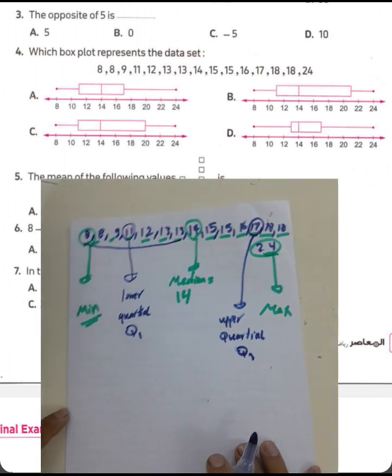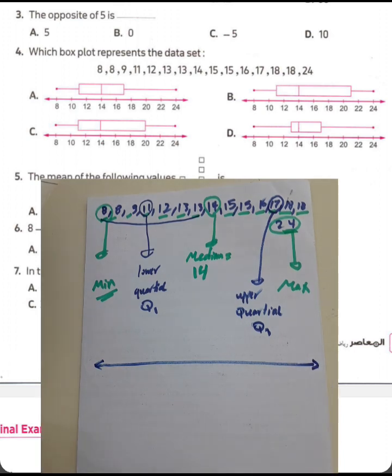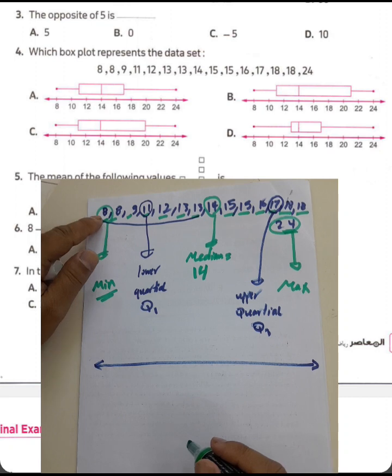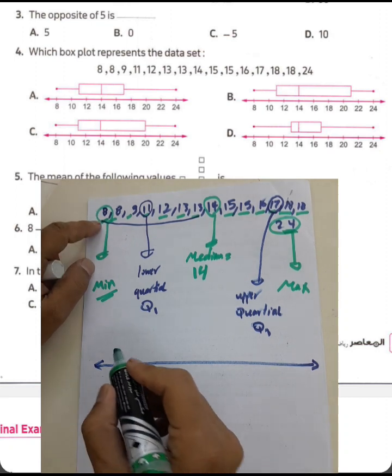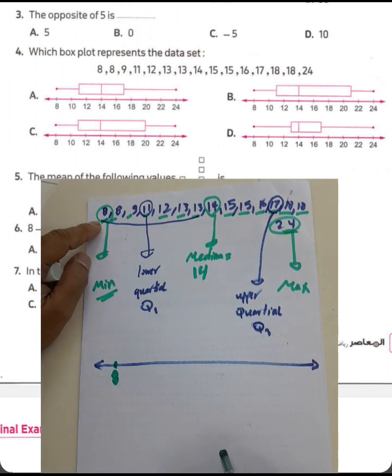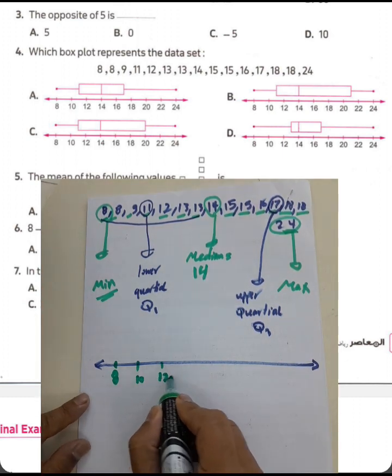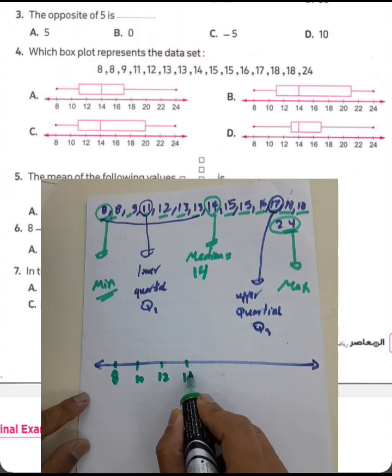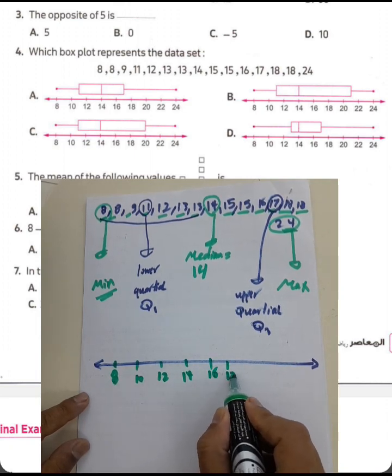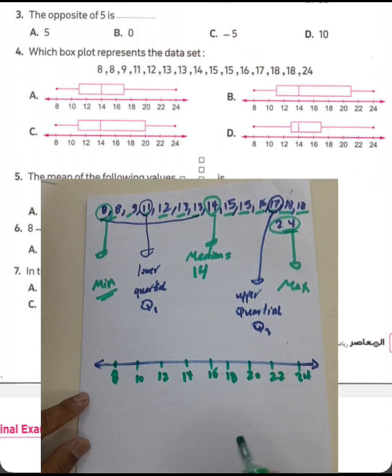Okay, now we will draw a number line here and represent all the results on the number line, beginning by 8 here, and the next here 10, 12, 14, 16, 18, 20, 22, 24.